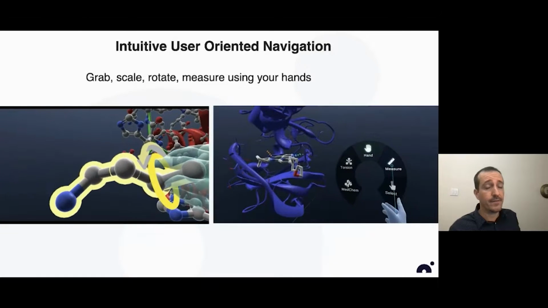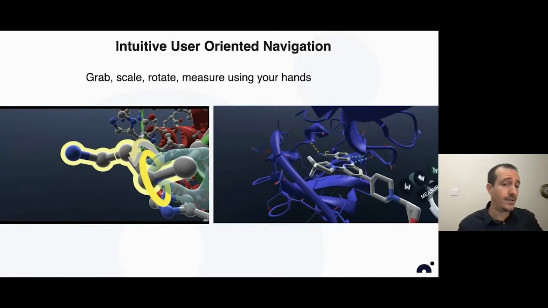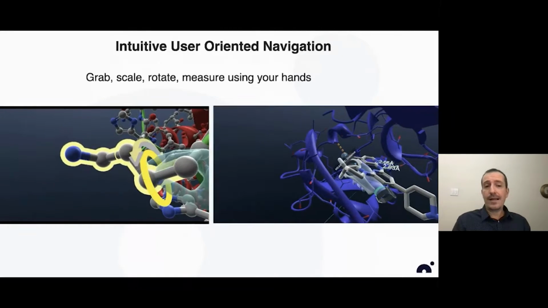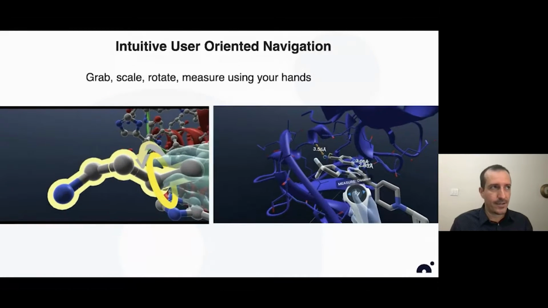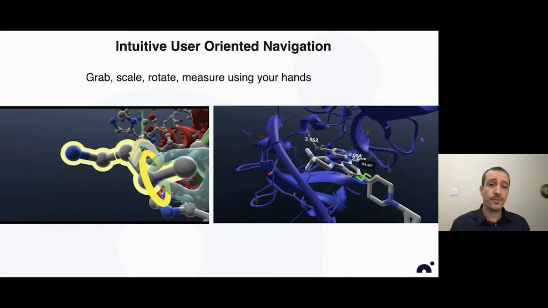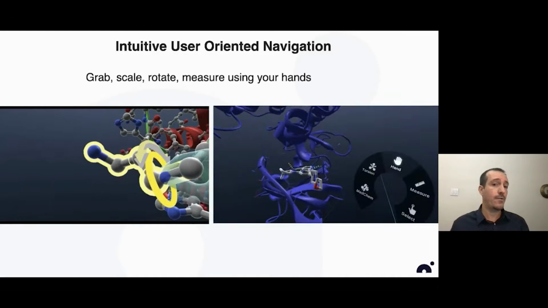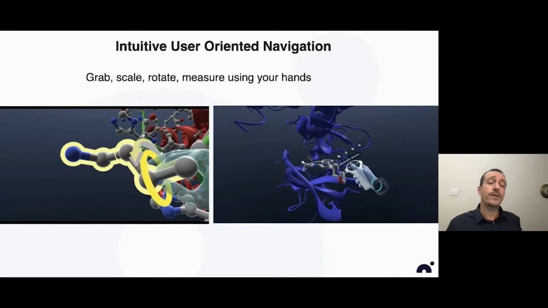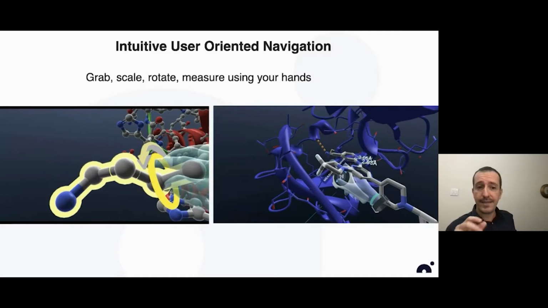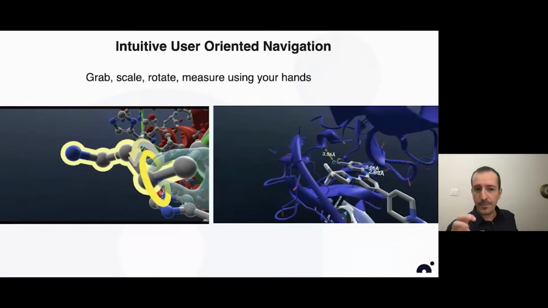It's very intuitive, as I mentioned, you can just interact with your own hands. That really allows for a level of interaction and intuition that was not possible before virtual reality. You can see here, to the left, how the avatar with their own hand is rotating a side chain of a residue.